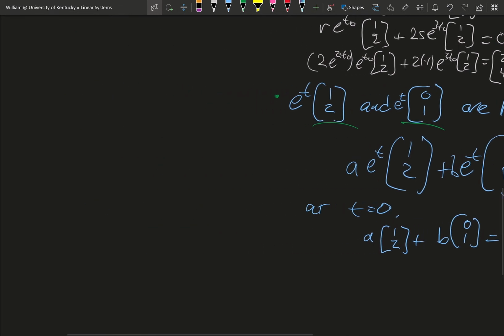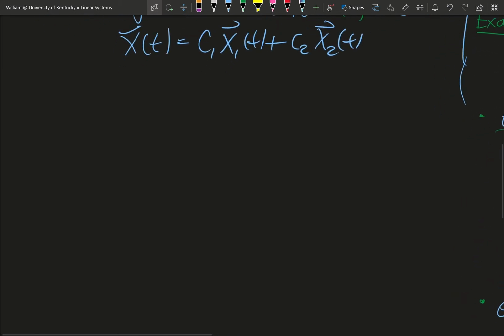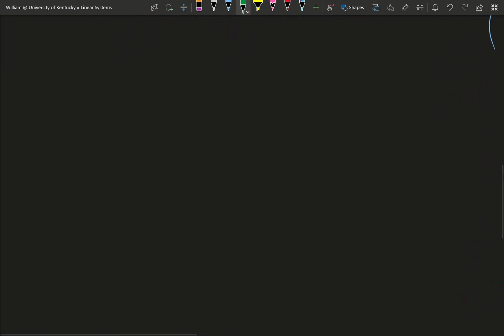All right, so we now know a little bit more of what to expect. So let's look at another example where we have this phenomenon and see if we can figure out what the general solution is going to look like in this case where we only have one eigenvector.